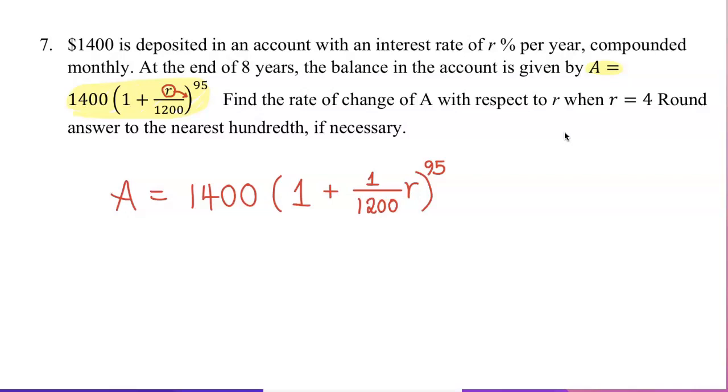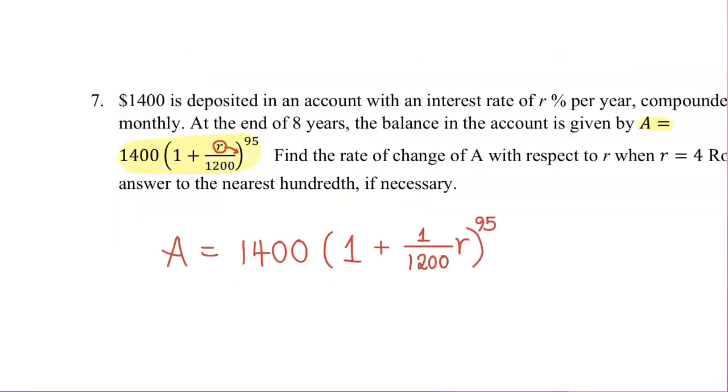Here it says change of A. So for that part, I'm writing dA. It's change of A with respect to R, with respect to change in rate. dA over dR. So that's what I'm finding.